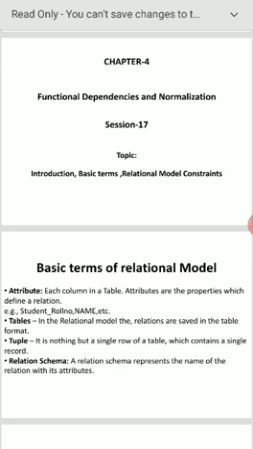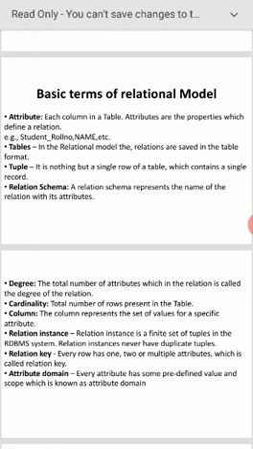Relation instance. It is nothing but a finite set of tuples in the RDBMS system. RDBMS means what here? Relational Database Management System. A relation instance never has duplicate tuples.